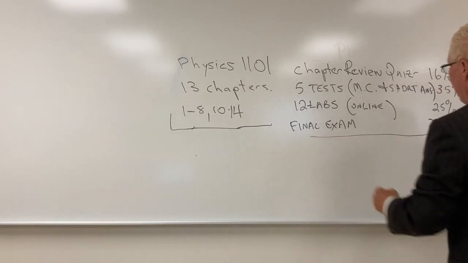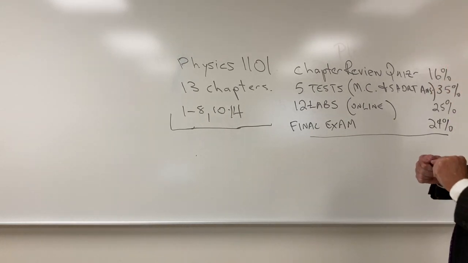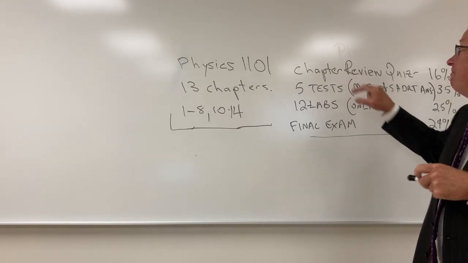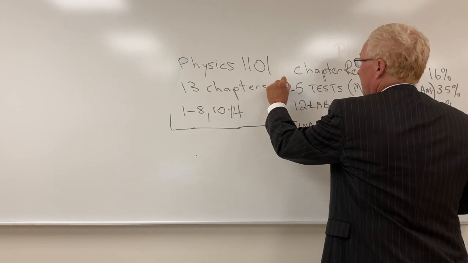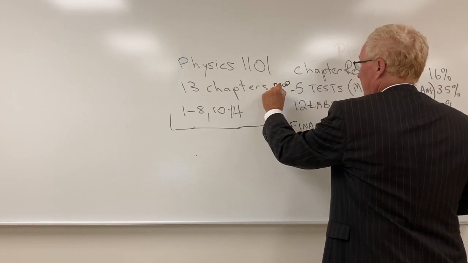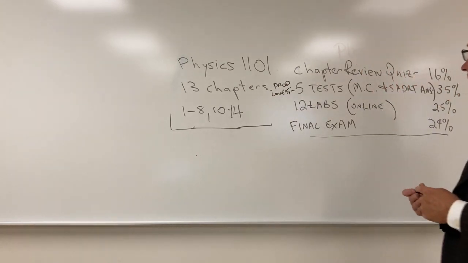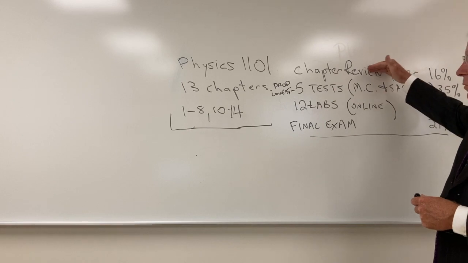All right, I'll give more details as far as that. The chapter review quizzes, you can do 2 to 3 times each. Oh, I should say on the tests, I will drop the lowest score for the 5 exams. You'll get 2 attempts on these.